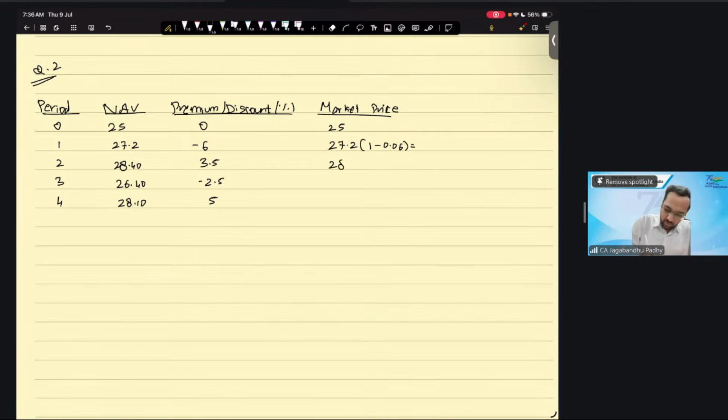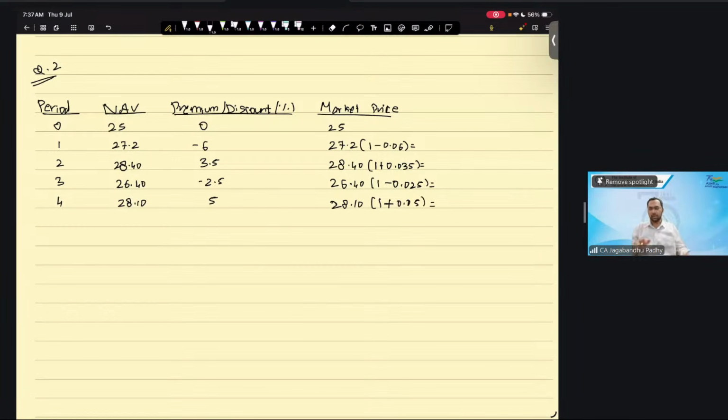Next, it's going to be 28.4 into 1 plus 0.035. Then 26.4 into 1 minus 0.025, and 28.1 into 1 plus 0.05.